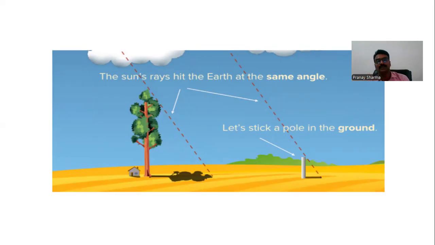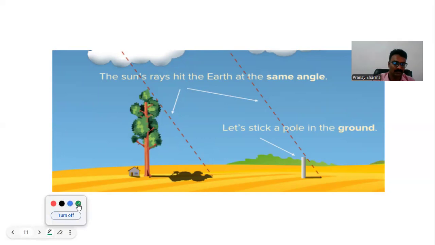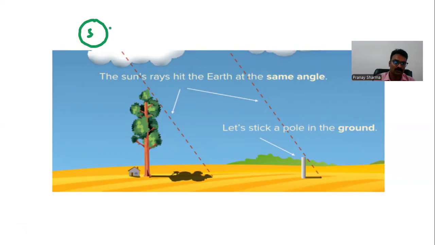So we know that suppose the sun is somewhere here, let me have a marker here. Okay, I'm given limited colors, so let us use green only. Suppose we have a sun here, right?